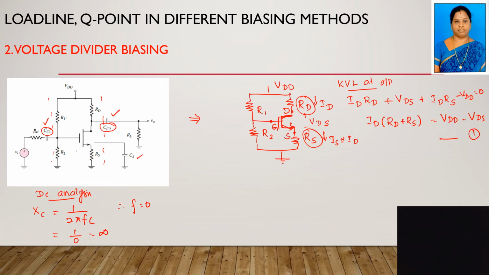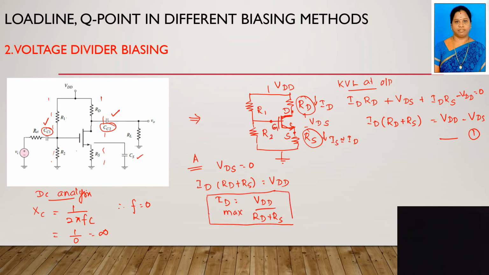If you want to locate point A on the DC load line, I substitute VDS equal to 0. Then ID into RD plus RS equals VDD, thereby ID equals VDD by RD plus RS. This is the maximum current produced by the circuit.